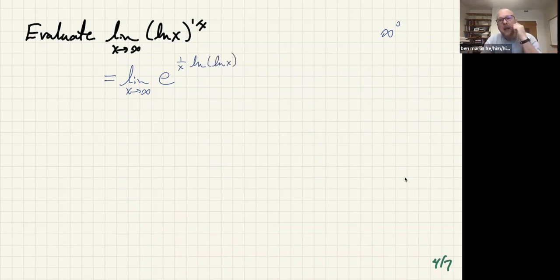Well, that's scary. If we think about what's going on there, the 1 over x is going to 0. The log of x, so the log of infinity, is still going to be infinity. So really at that point, you've got a 0 times infinity problem, but it strongly hints that we should be doing it as log x divided by x.